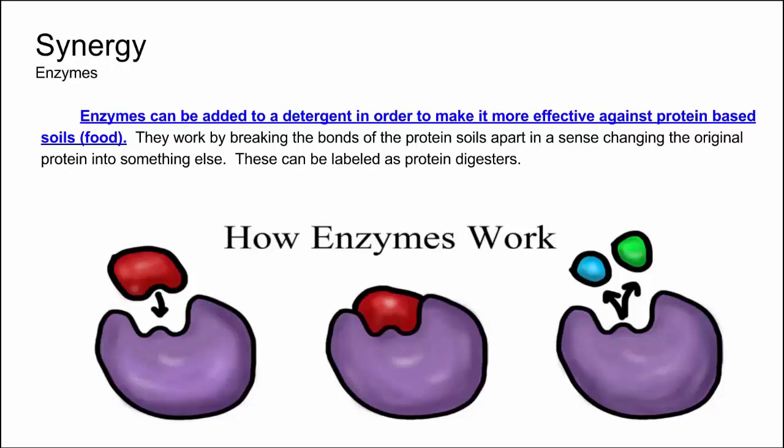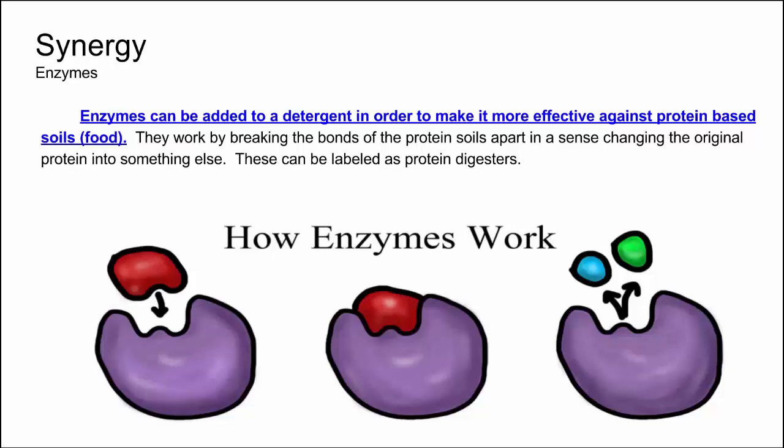Enzymes are added to a detergent in order to make it more effective against protein-based soils. Now this is for cleaning. There are enzymes that work specifically with deodorization as well. Enzymes work by breaking the bonds of the protein soils apart. So we have a protein soil, the enzyme grabs onto it and literally breaks it apart into two different pieces that aren't the same protein anymore.